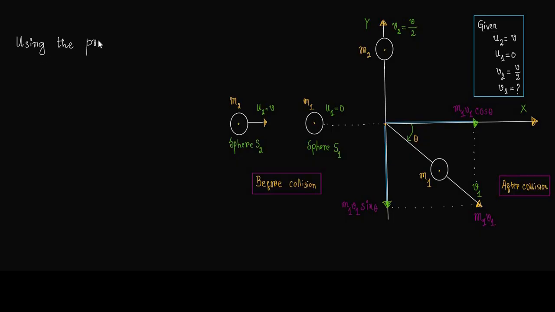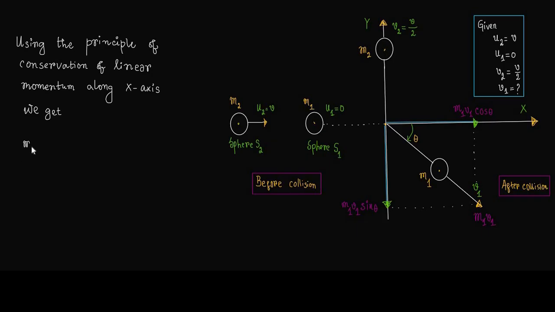Using the principle of conservation of linear momentum along x-axis, that is along the original direction, we get m2 u2 plus m1 u1 should be equal to m2 v2 cos 90 degree plus m1 v1 cos theta.